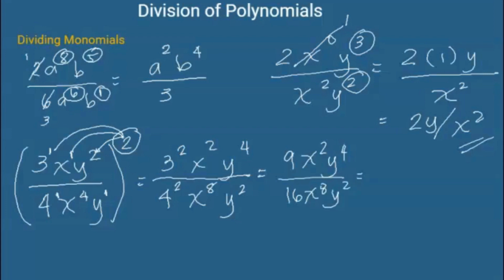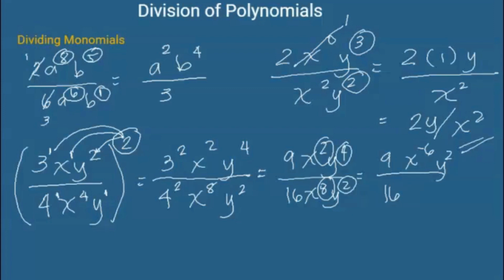And then let's apply the division law for our exponents. 9 and 16, we cannot simplify that. For our x, it's 2 minus 8, negative 6. And for our y, it will be 4 minus 2, y squared.